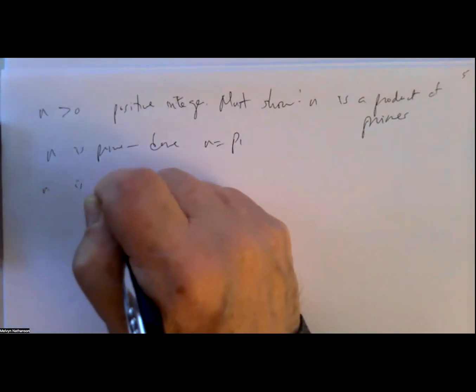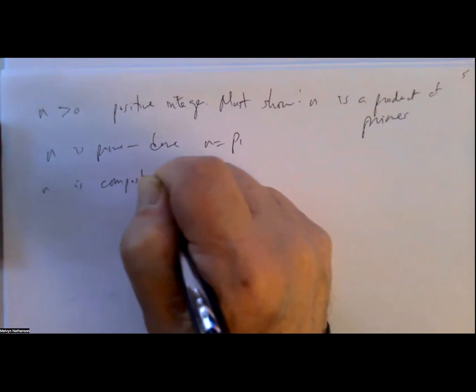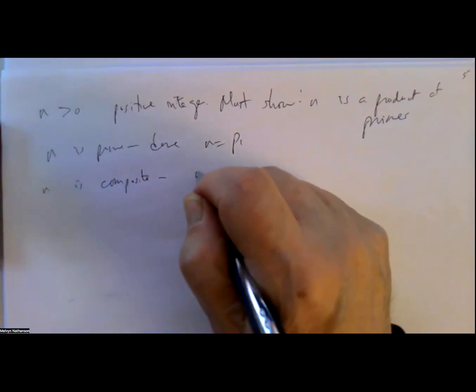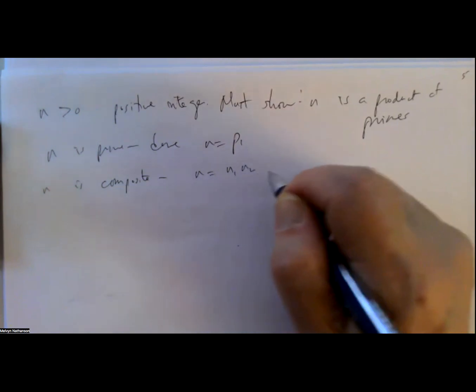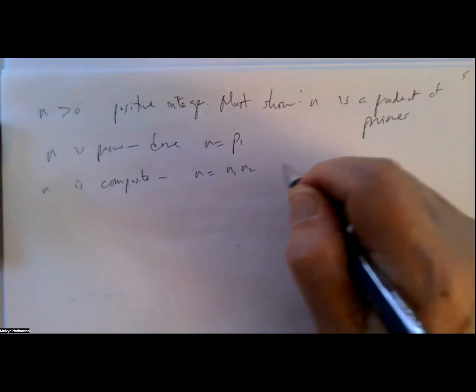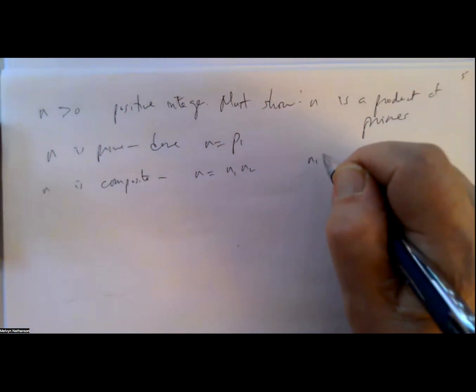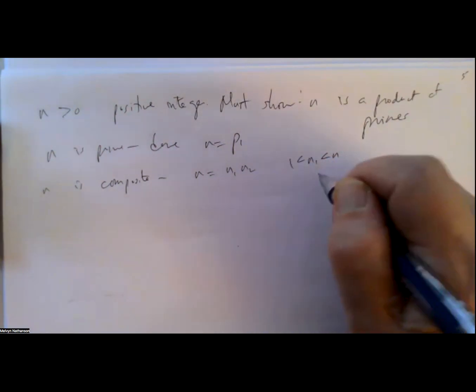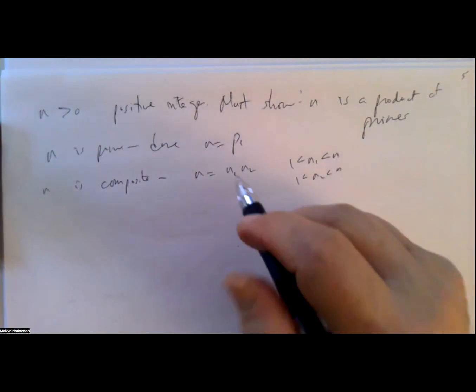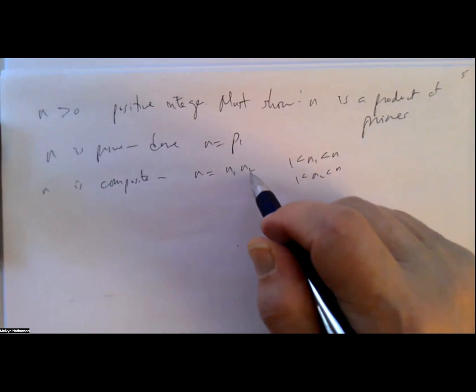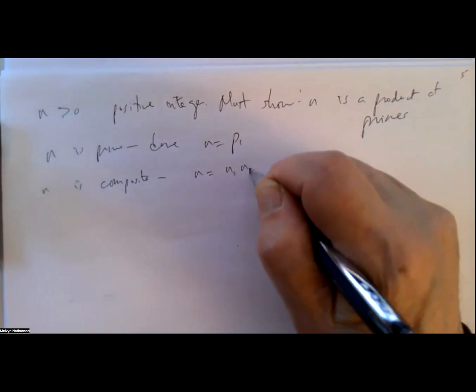If n is composite, that means it factors. n can be written as n1 times n2, where n1 is strictly less than n, and n2 is strictly less than n. Now, if these are primes, I'll call it n1 and n1 prime.